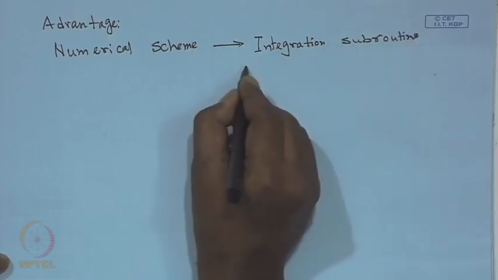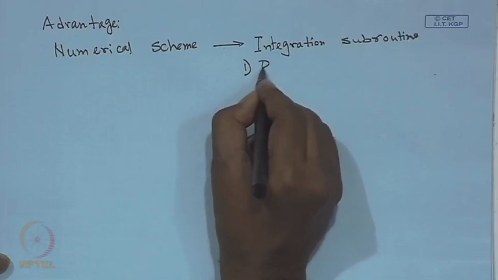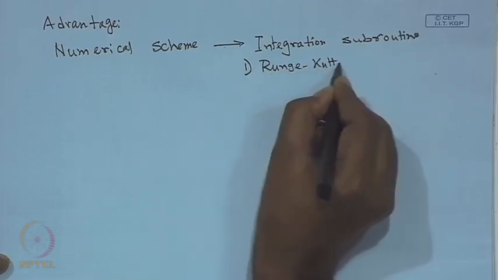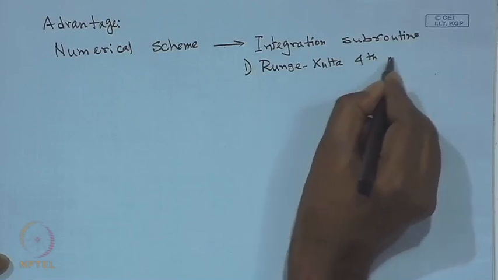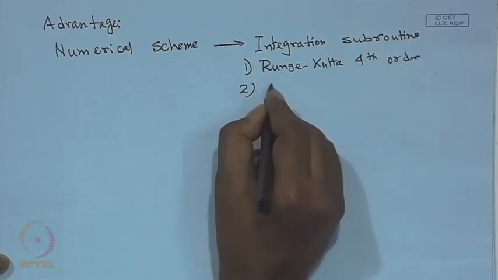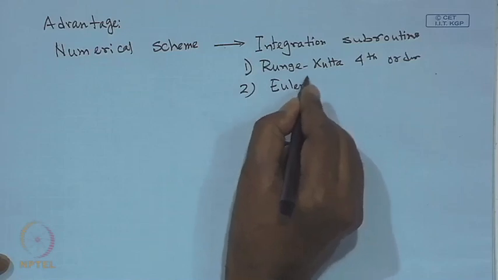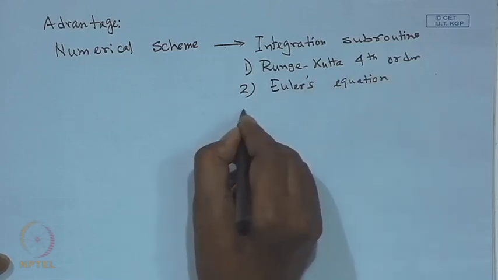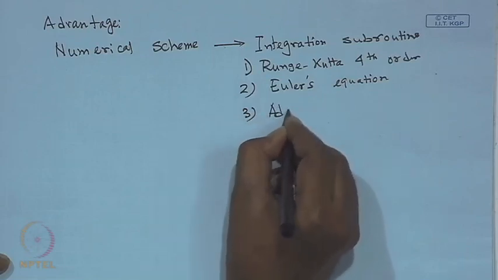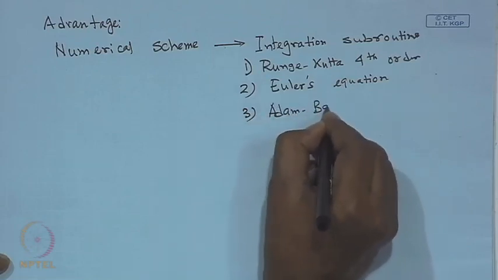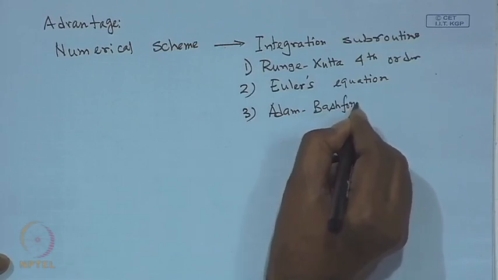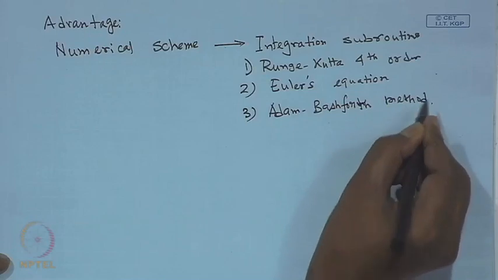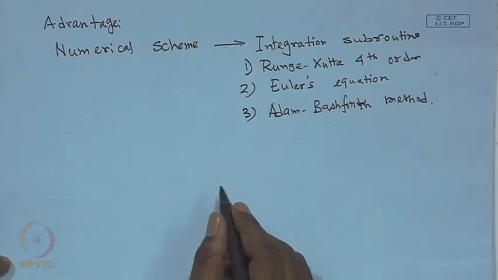These subroutines include Runge-Kutta fourth order, or Euler's method, or Adams-Bashforth method, or predictor-corrector method.